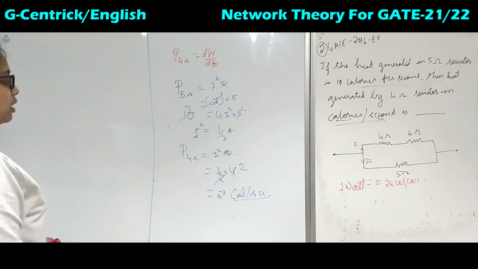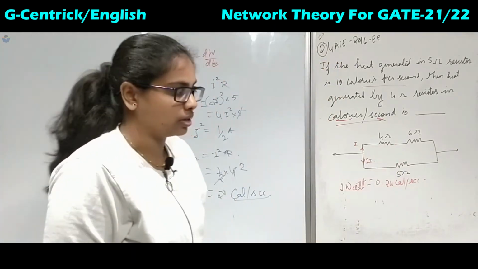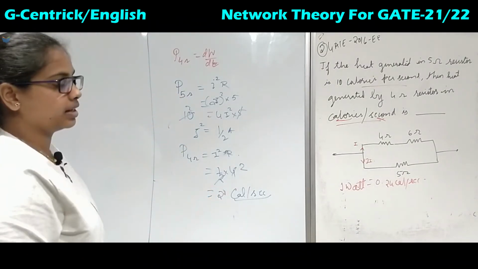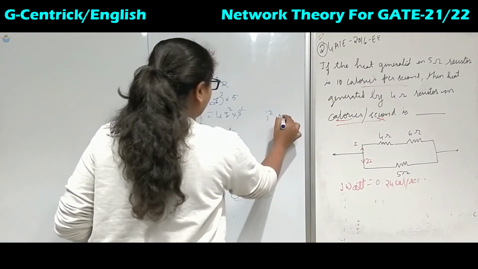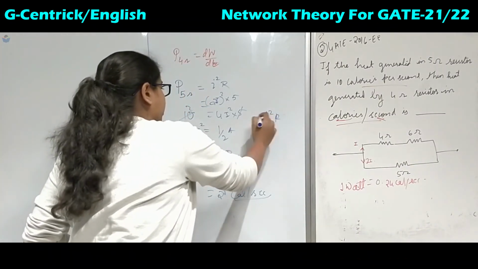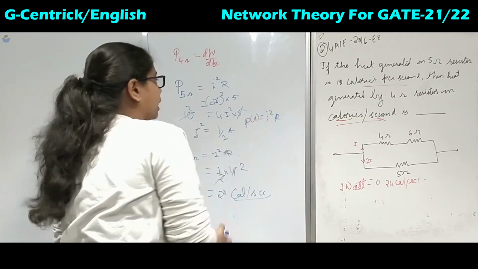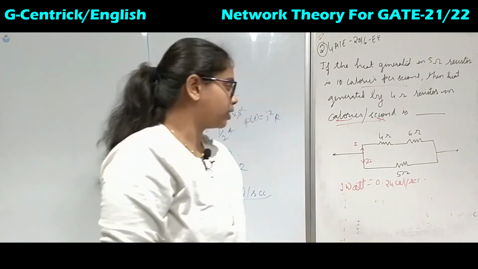This is the heat generated across this 4 ohm resistor. Basically, when heat is dissipated, the formula is I square R. This is the formula for the power. Then there is the conversion from watt to calorie per second and calorie per second to watt.